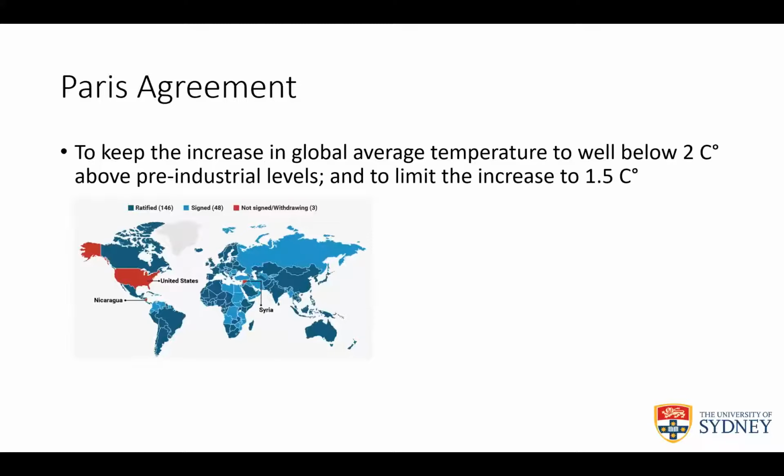That means our temperature should not increase more than 2 degrees, or 1.5 degrees is even better, right? So most countries in the world have ratified or signed the agreement to keep the CO2 down, so that the temperature will not rise more than 2 degrees Celsius, except a few countries.